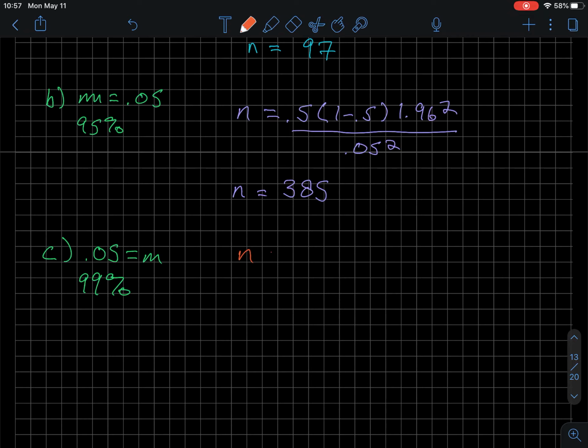So N is equal to 0.5. Again, we don't know the actual proportion, so we use 0.5 as a safety. But because we want 99%, we use the 99% z-score, which is 2.575. Whoops, can't do writing. Let me erase that.